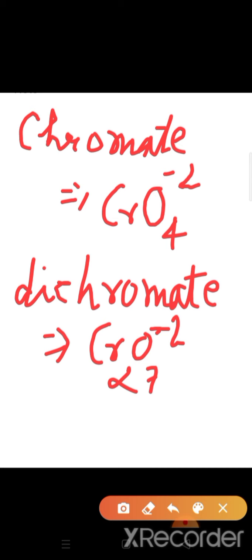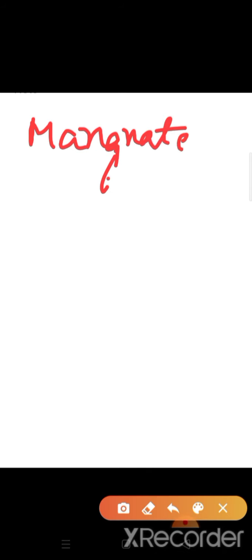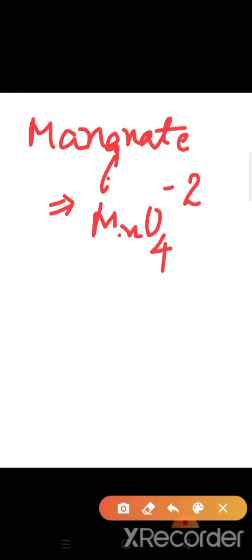Next one is manganate. The formula of manganate is MnO4 double negative. Next, permanganate.